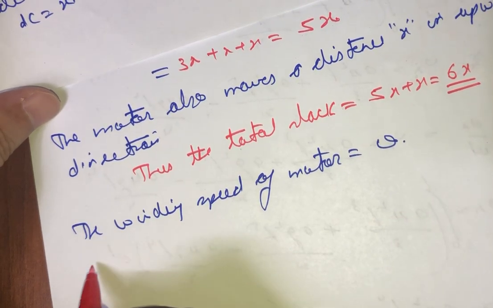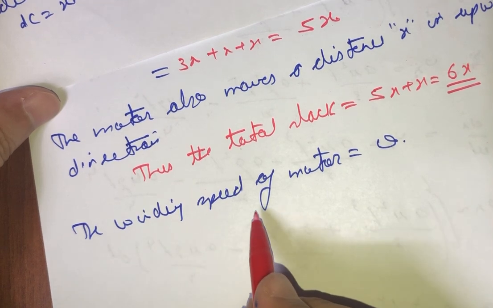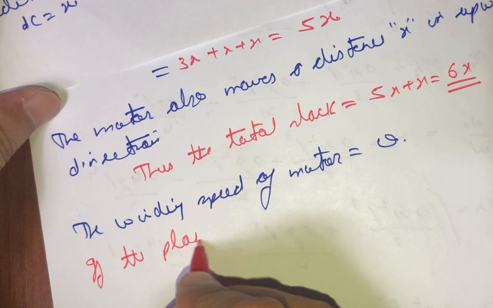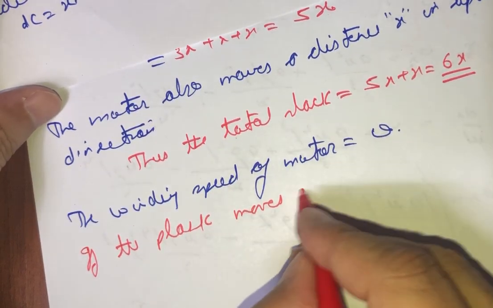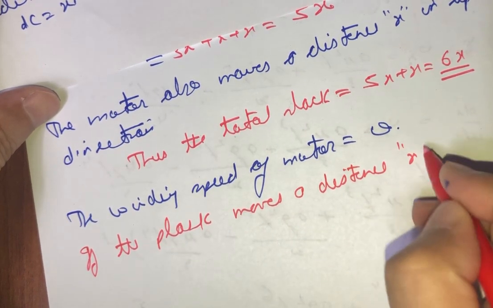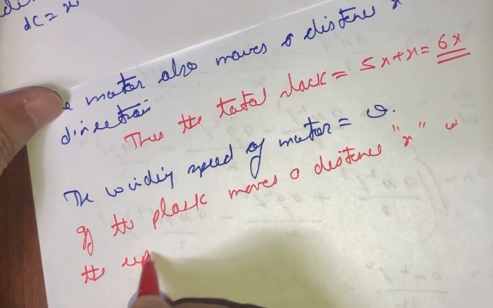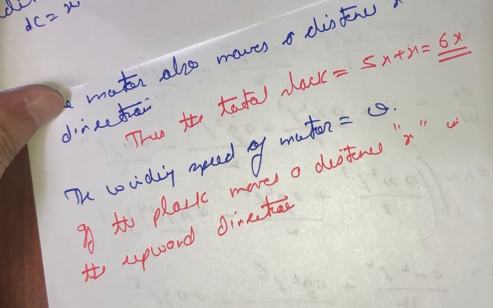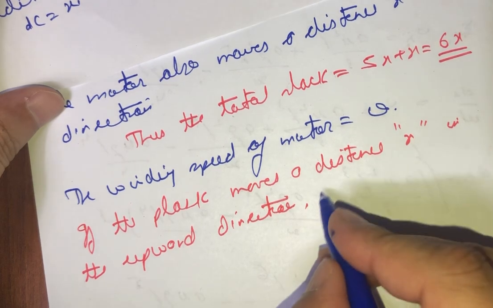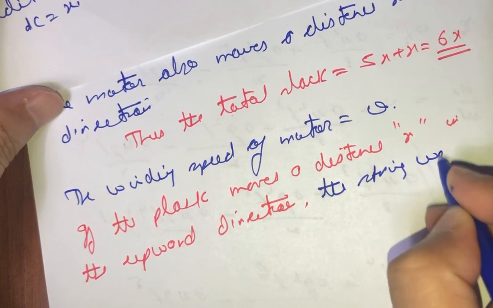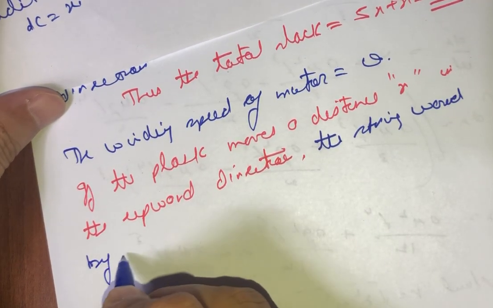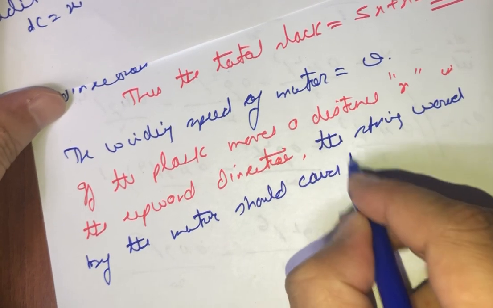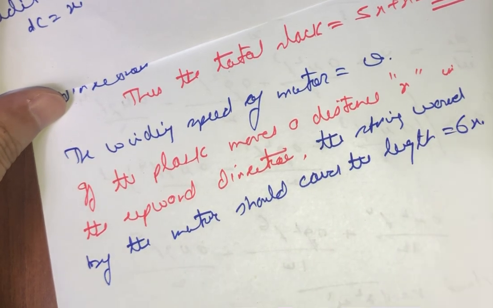If the plank moves a distance x in the upward direction, the string wound by the motor should cover a length equal to 6 times x.